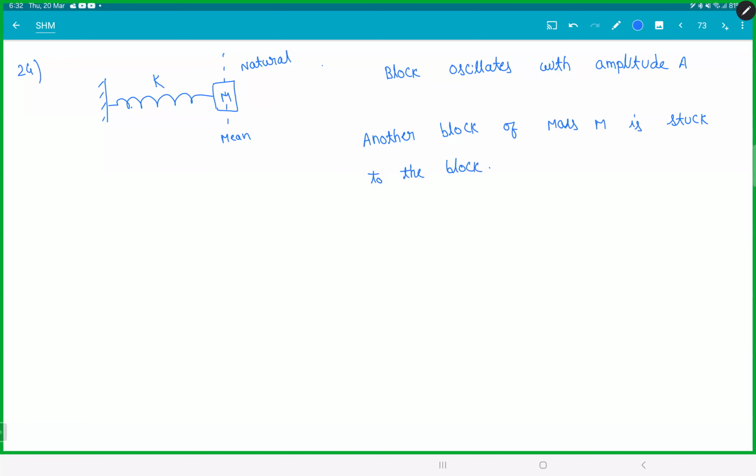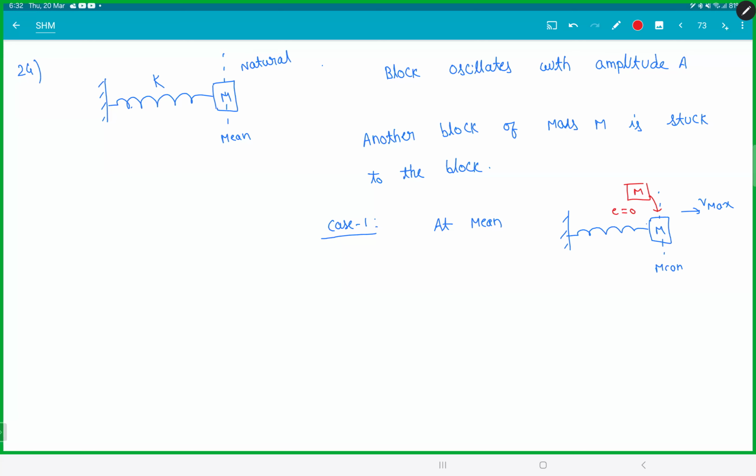But when did you stick it? There are two cases. Case one, at the mean position, meaning when this block is oscillating at the mean position, when your speed is maximum, you took another block of mass m and then you suddenly stuck it.